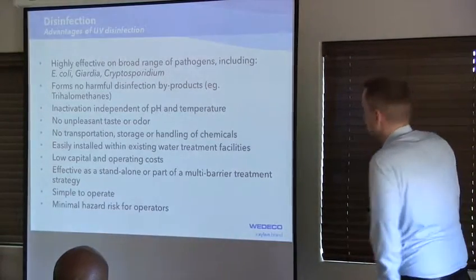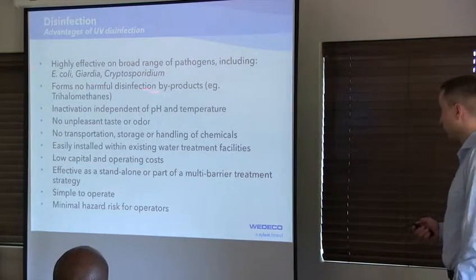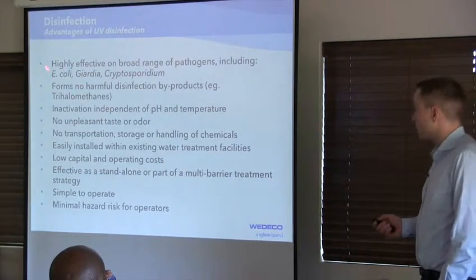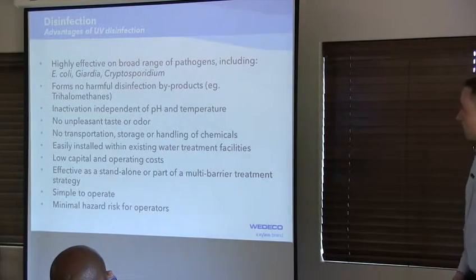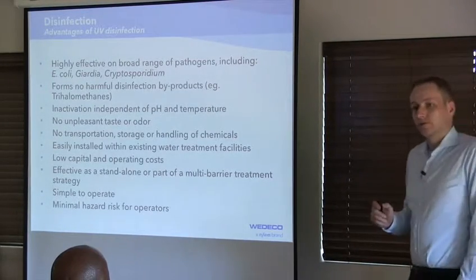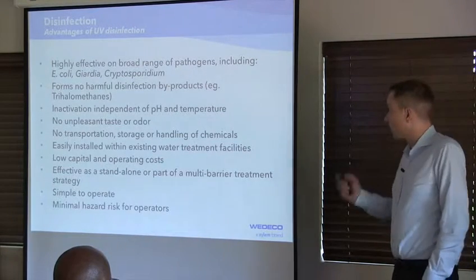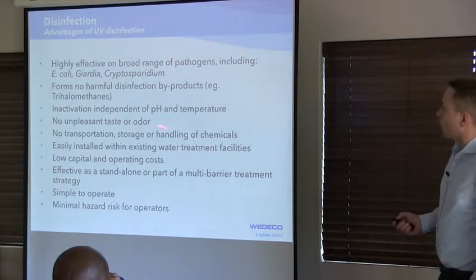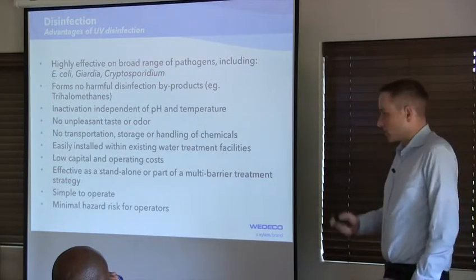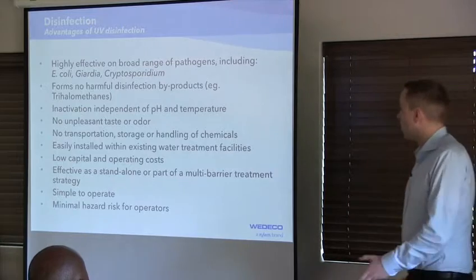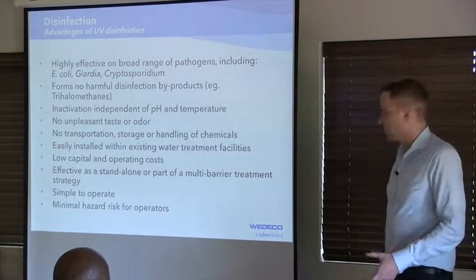UV disinfection is highly effective against a broad range of pathogens, most notably, as I said, Giardia and Cryptosporidium, but also E. coli bacteria. We do not change the water chemistry with UV light, so we are not forming any disinfection byproducts. The disinfection performance of UV light is not dependent on the pH or the temperature of the water.